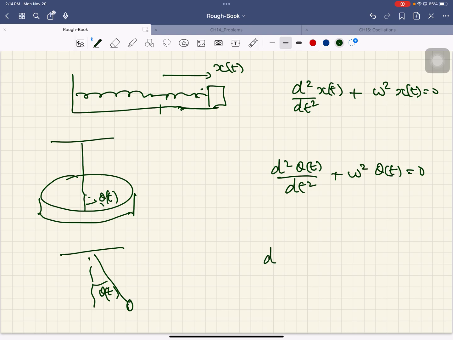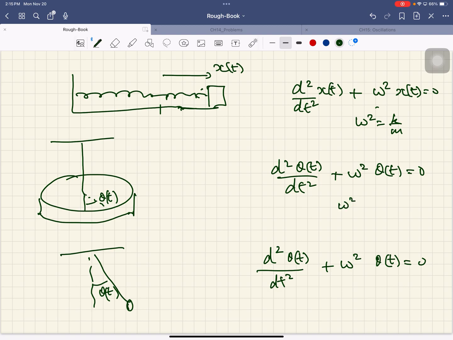Here's a simple pendulum. In this case, omega squared was k by m.